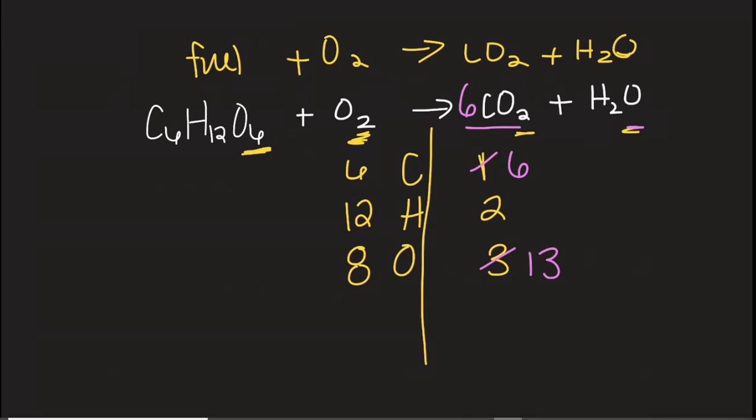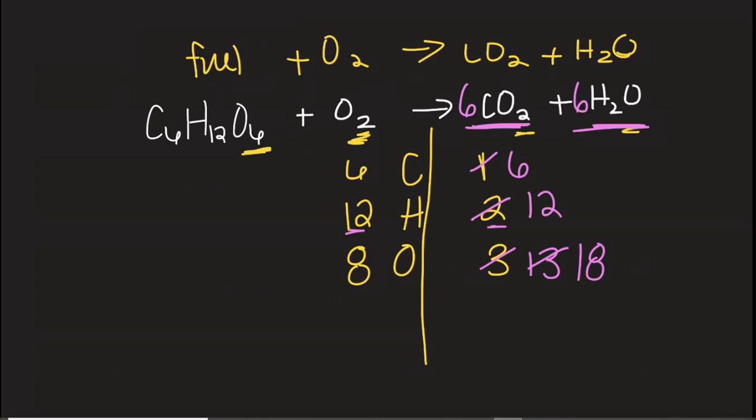Okay. All right, we also see that we have this 12 to 2. So what I'm going to do here is put a 6 in front of my water, and I'm going to recount that. So now I have 12 hydrogens, and I have 6 oxygens here, 12 here. So now I'm up to 18. Okay.